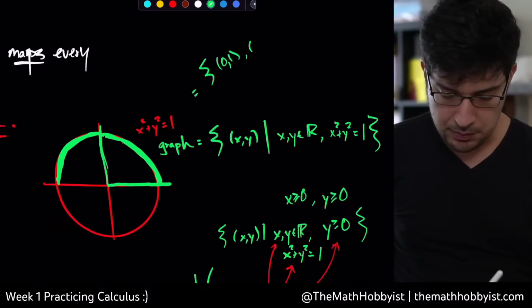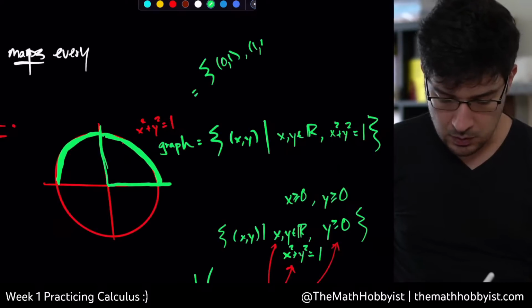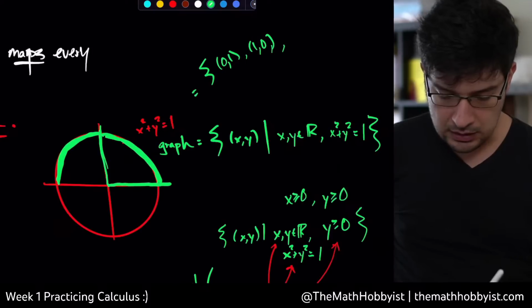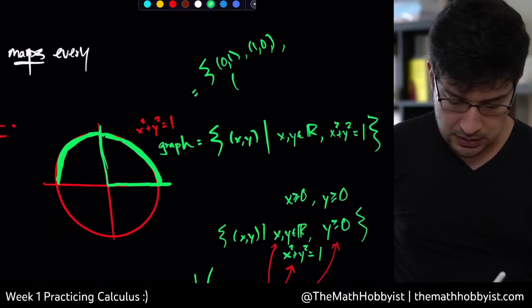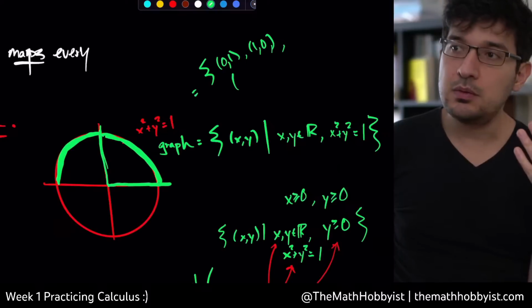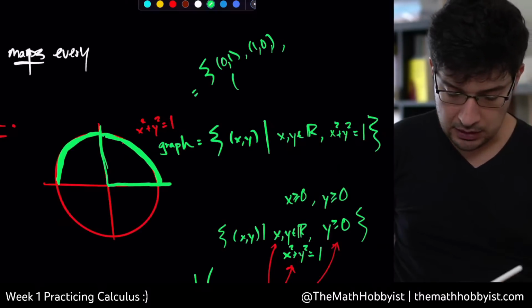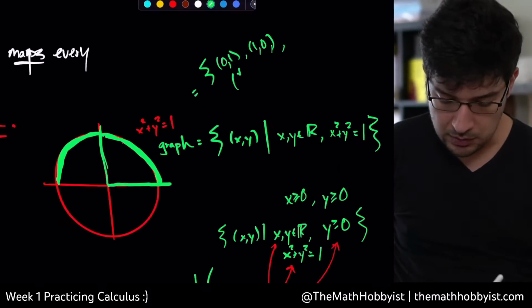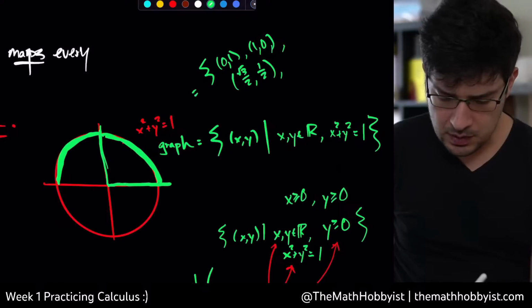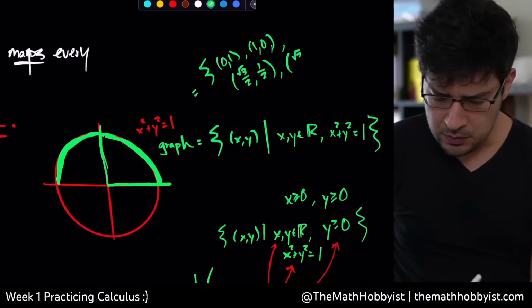It includes the point 1, 0. It includes the point, if we remember back to trigonometry, root 3 over 2, comma 1/2. It's going to include the point root 2 over 2, root 2 over 2.